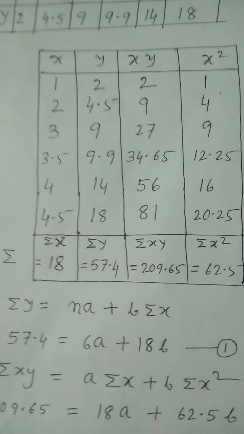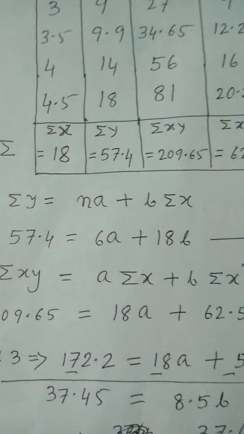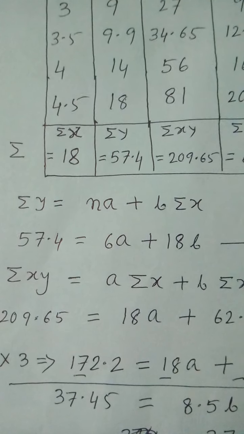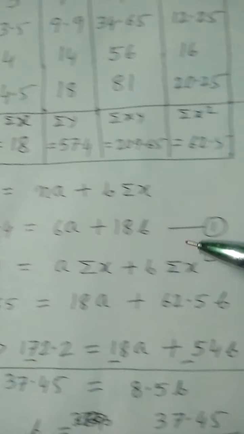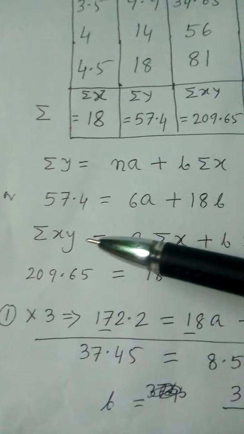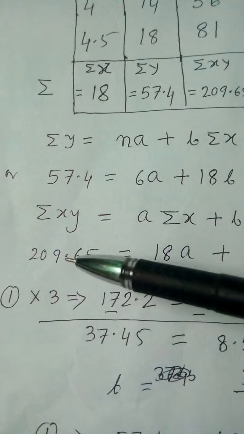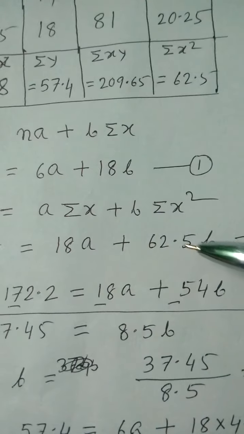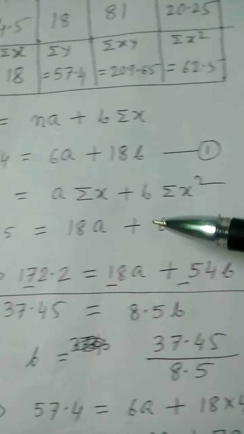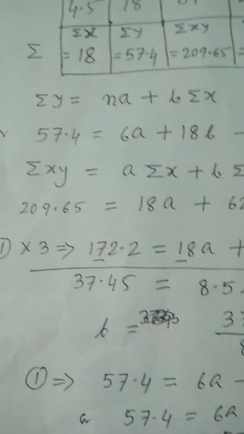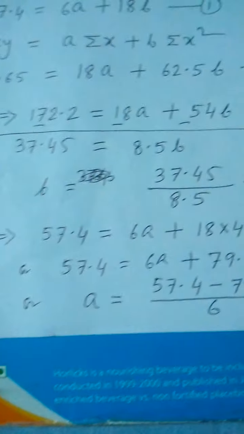Okay, so we put these values in the equation. This is equation 1, and this is equation 2. Okay, so two equations, two unknowns A and B. So A and B can be found out.